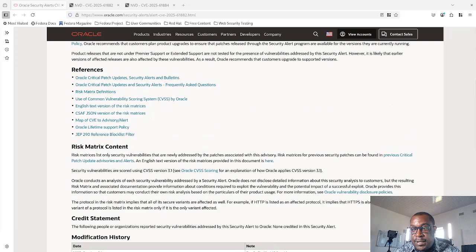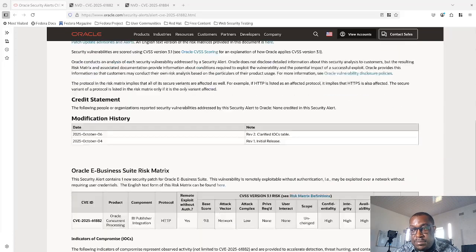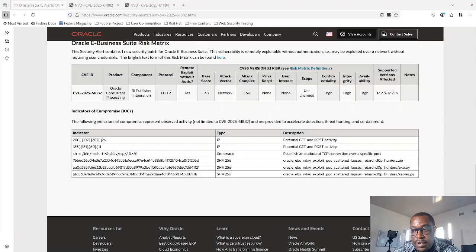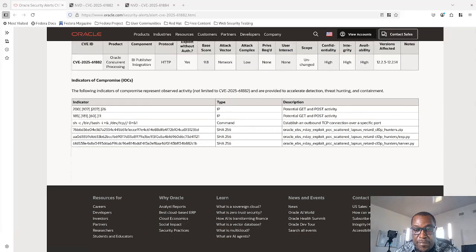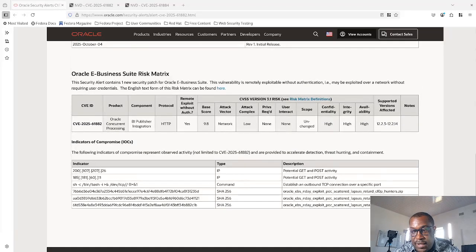Oracle insists that there is a patch to this, but according to this, you would find the indicators of compromise for this vulnerability. There is an existence of IP addresses 200.107.207.126 and 185.181.60.11, of which by now the attackers already know that they have been identified, and the chances are they have changed these to new IP addresses.